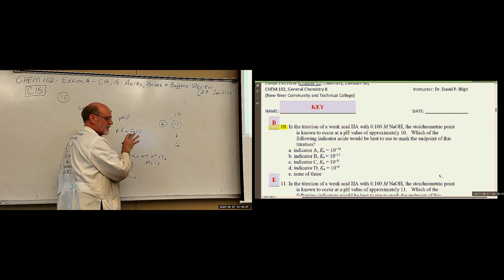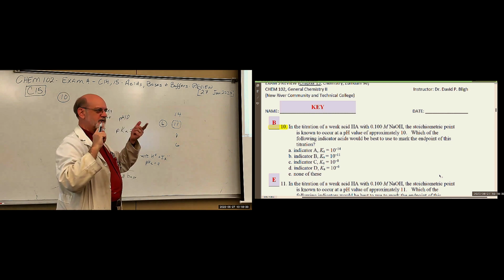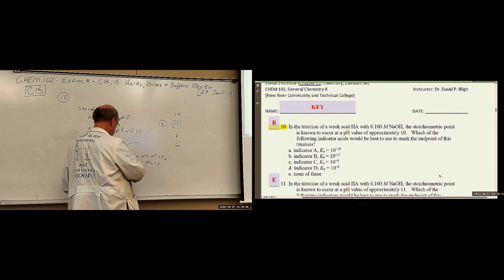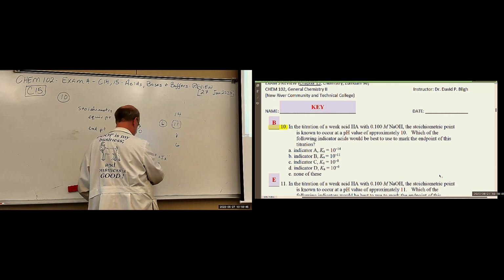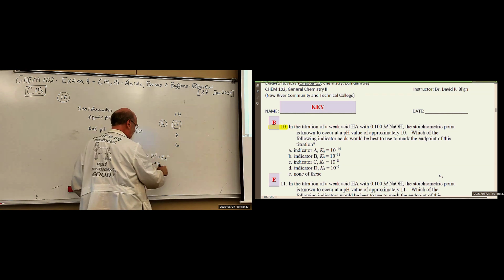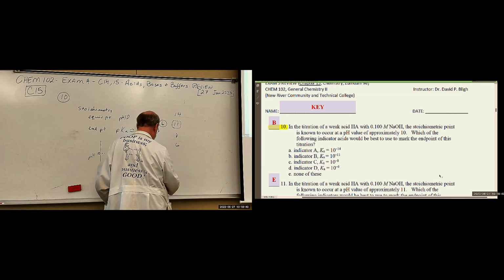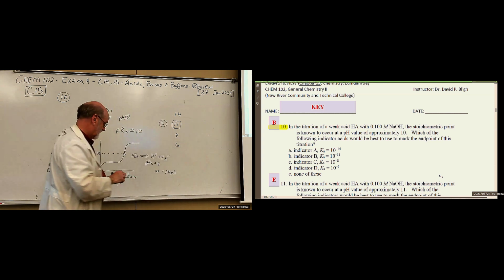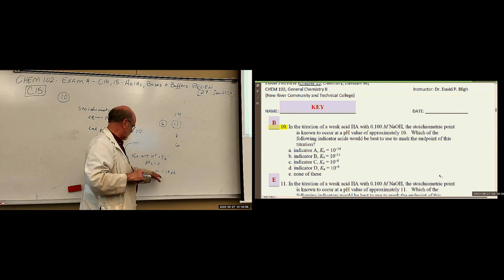Remember that the human eye is plus or minus 1 pH unit. So this change will occur between 10 and 12 pH. So we're going to see it when it first changes right here.